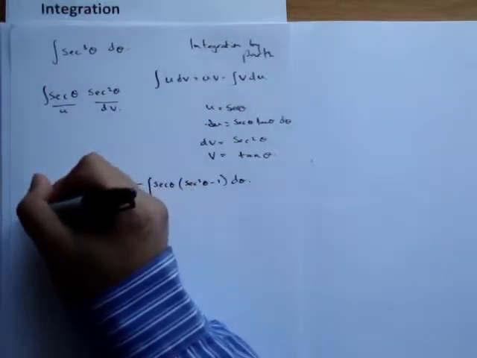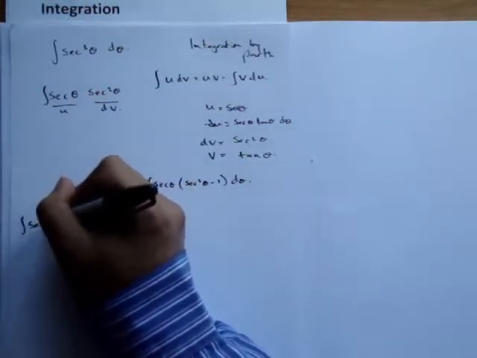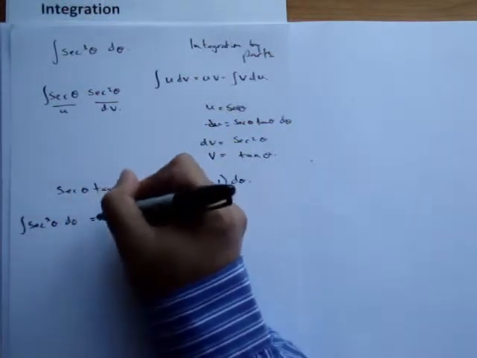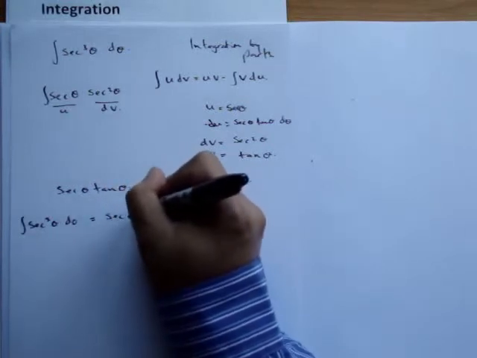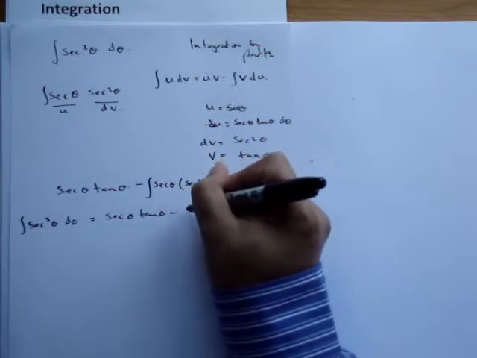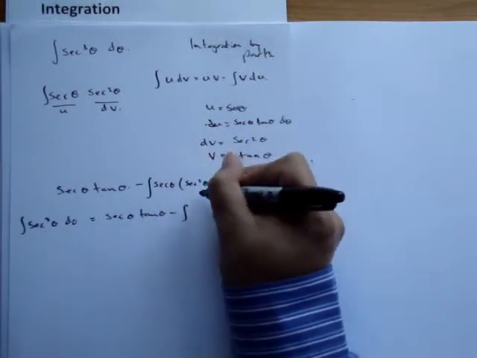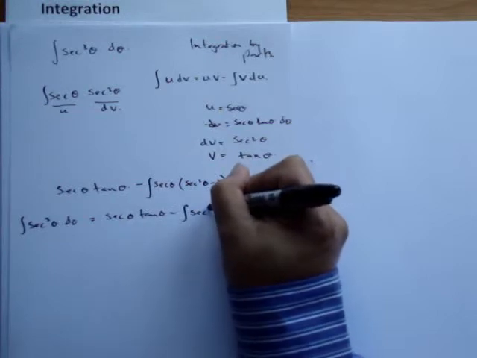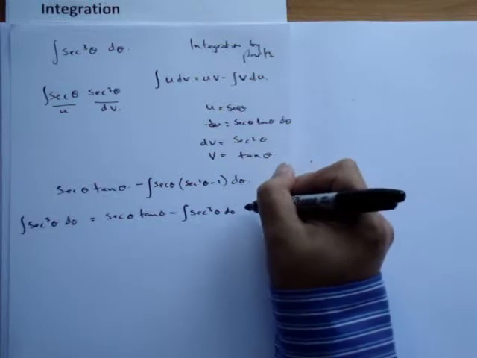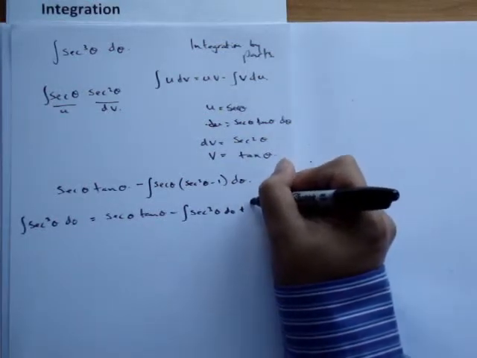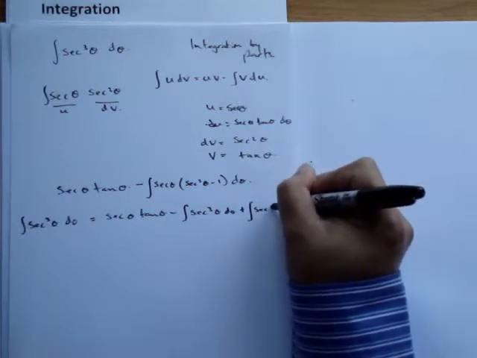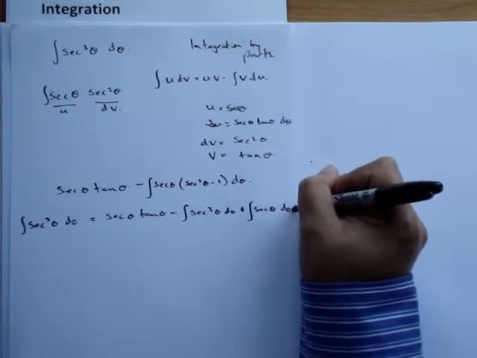So the integral of secant cubed theta d theta equals sec theta tan theta minus the integral of secant cubed theta d theta plus the integral of secant theta d theta.